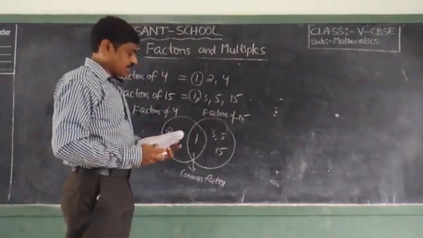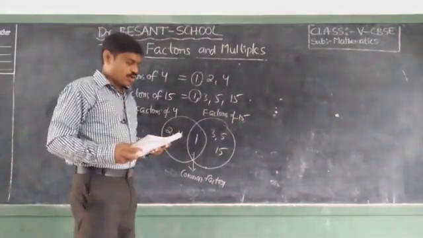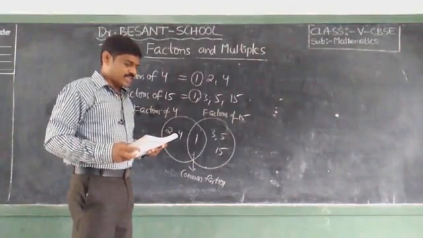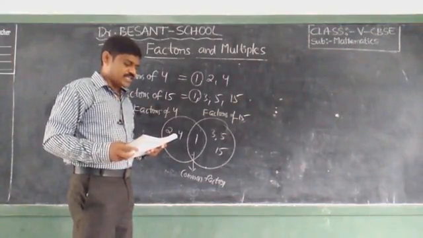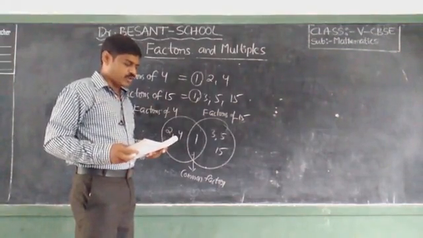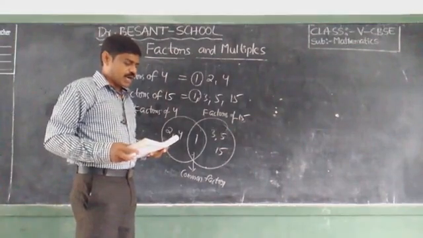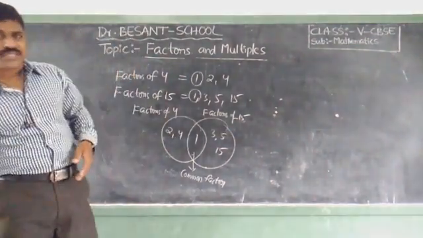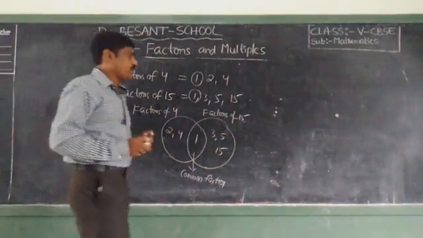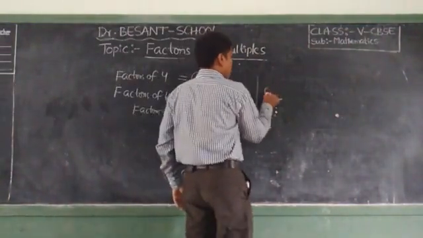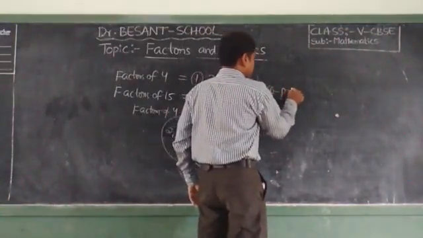Next, the numbers 4 and 15 have only one factor in common. We can say that 1 is the only common factor for the numbers 4 and 15. Such numbers are called co-prime numbers. So observe here the concept of co-prime numbers.